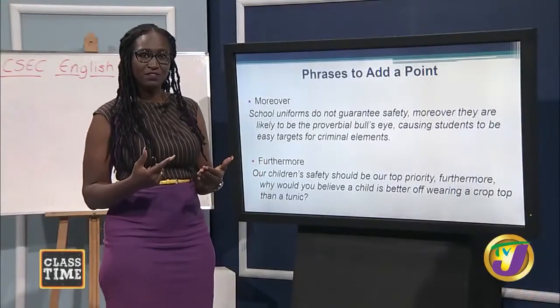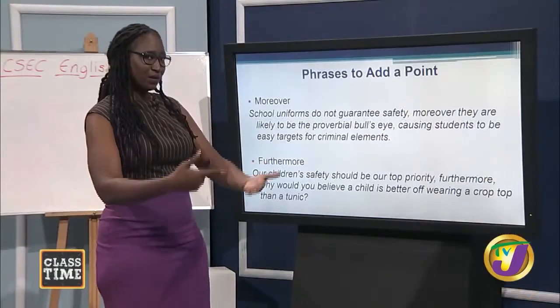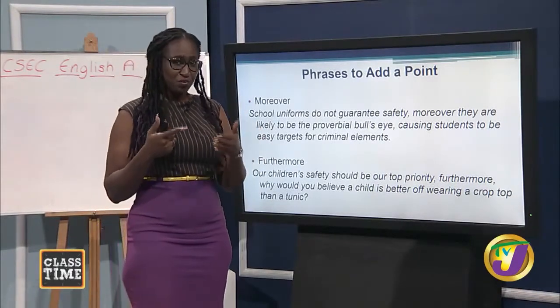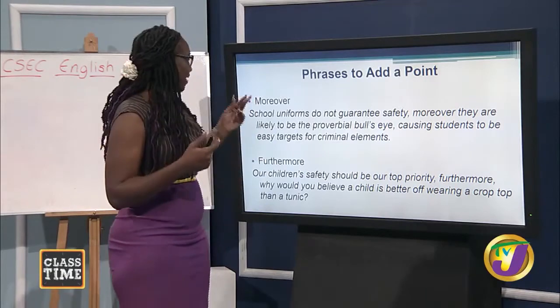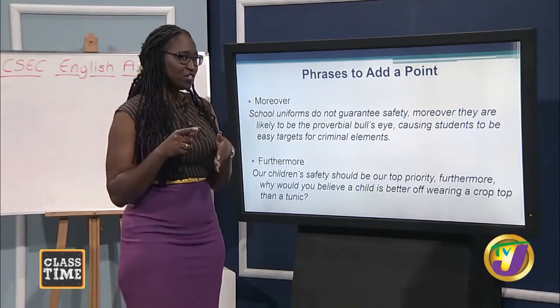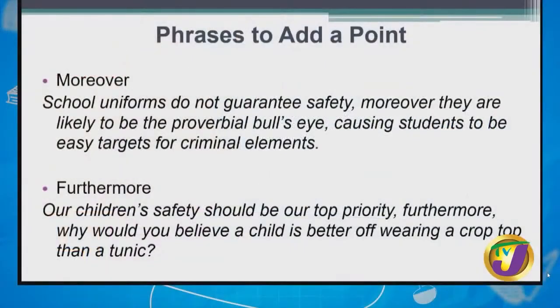Children should be kept safe. And then you have added to that now the idea that, and notice now you're using a rhetorical question here. You have added the idea that would you really believe that your child is better off wearing this type of clothes as opposed to that type of clothes? So let that sink in, let that ruminate.